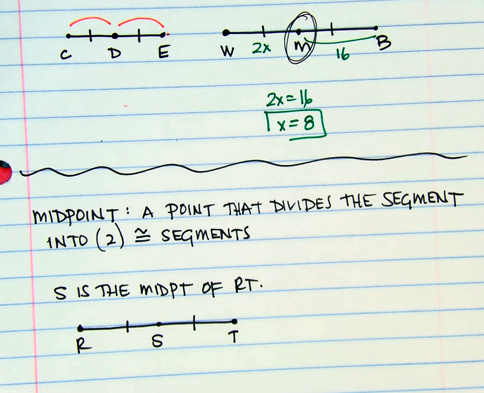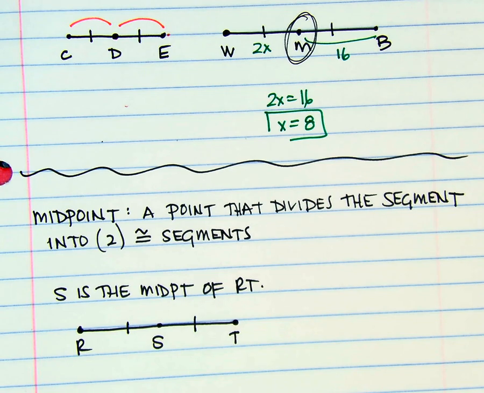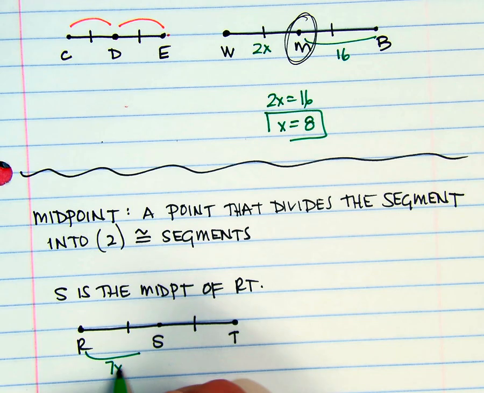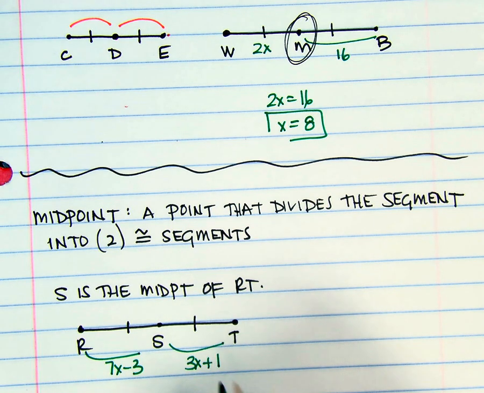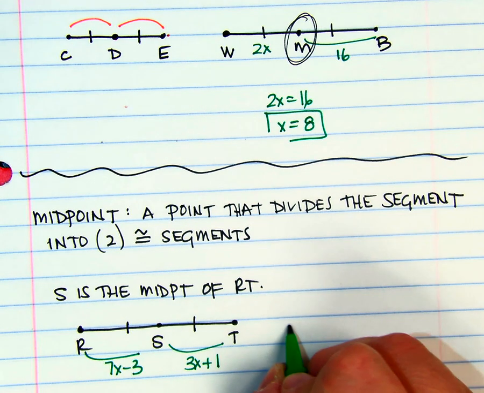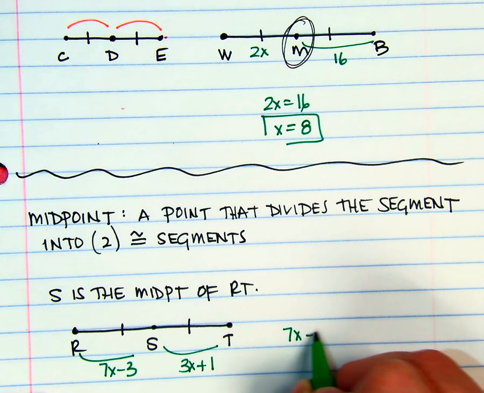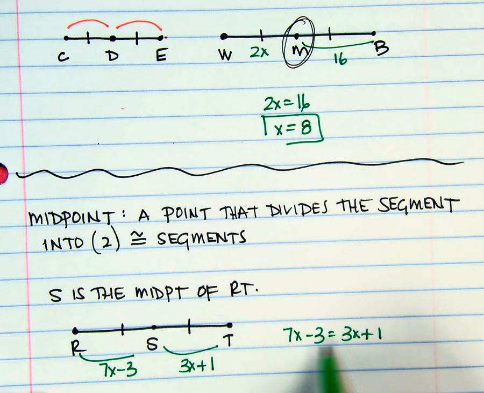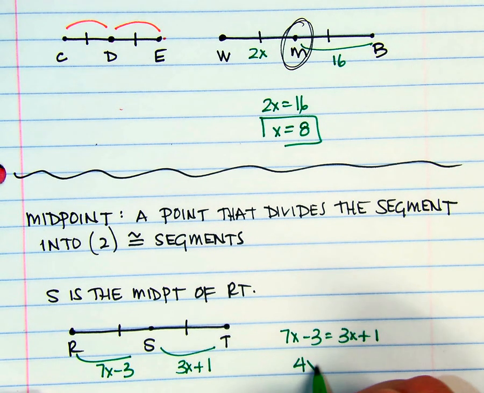And I know that RS is 7x minus 3 and ST is 3x plus 1. So if they are congruent, that means they are equal, and I can set them equal to each other. Do your algebra, subtract 3x on both sides, add 3 to both sides, so x has to equal 1.